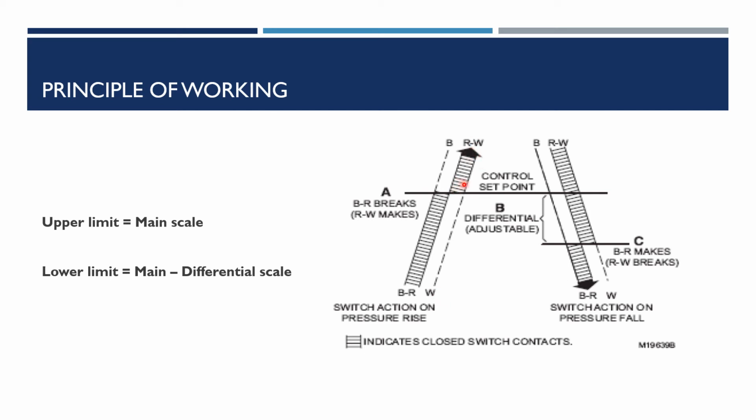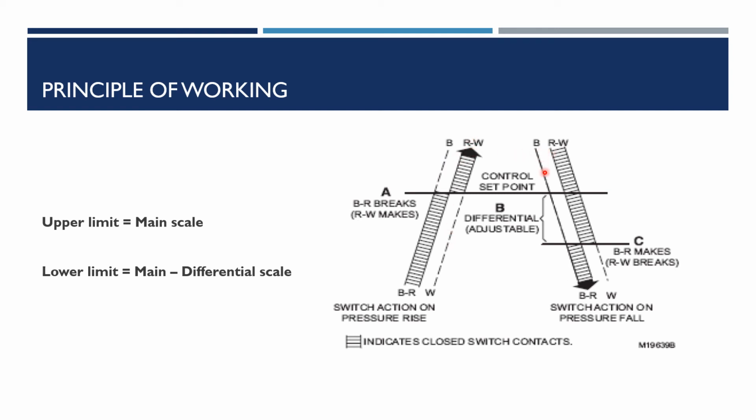So these two terminals are going to switch directly at the same time. Once the upper limit is reached, the closed changes to open, and the open changes to closed.